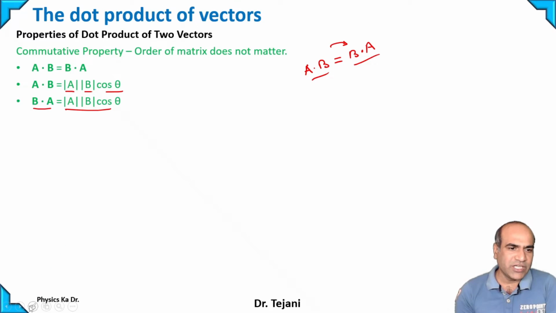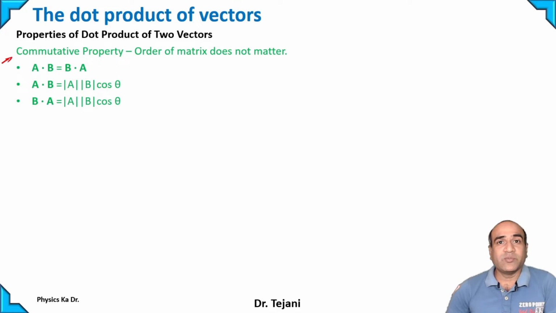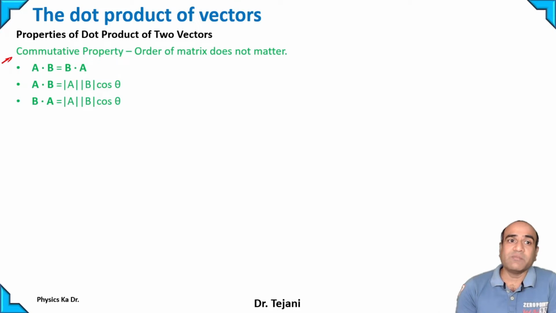So it is not changing its value, and that property is known as the commutative property. Remember, you may have some questions based on this. So the dot product has a commutative property. That means the order does not matter. You can have any order. The result is similar. There is no change in the result.